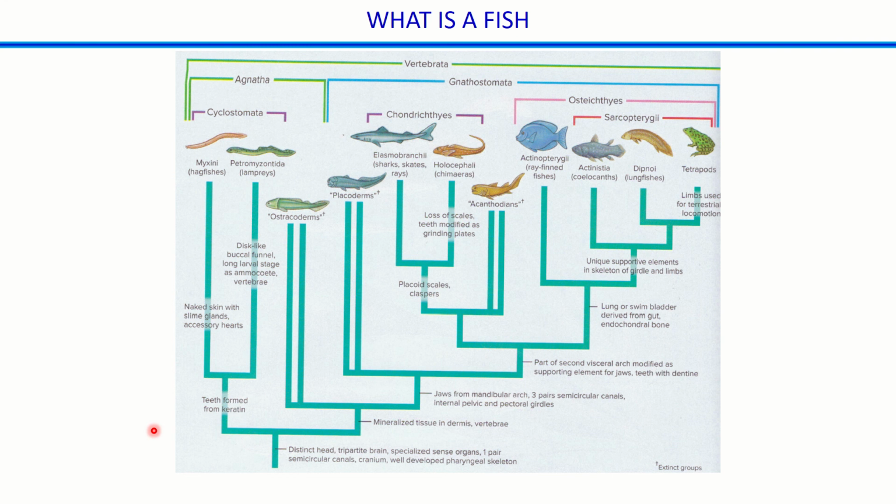But what I will do is I will say, group those that are all agnatha and group those that are all gnathostomata, or all the jawless group and the jawed group. I could ask you, which are the fish? It's everything except the tetrapods. I would also come down one level and say, talk about cyclostomata. What are they? And you'd be able to say, they are the hagfishes and the lampreys.